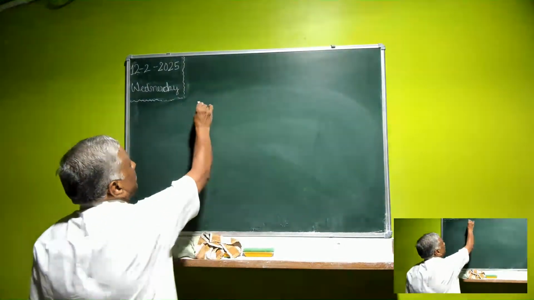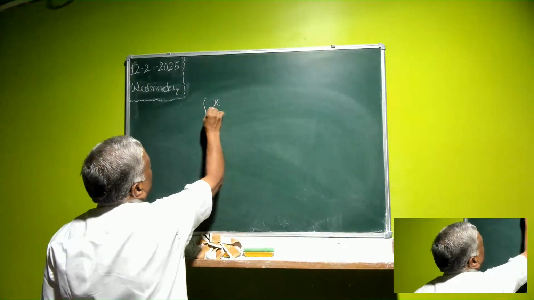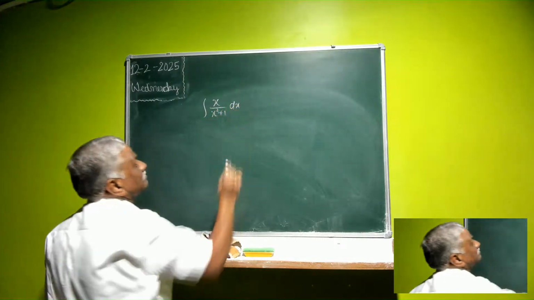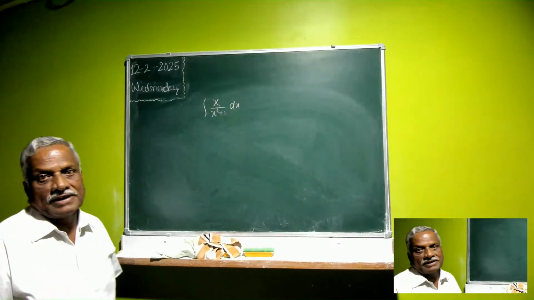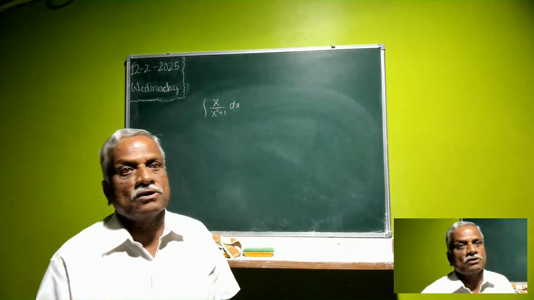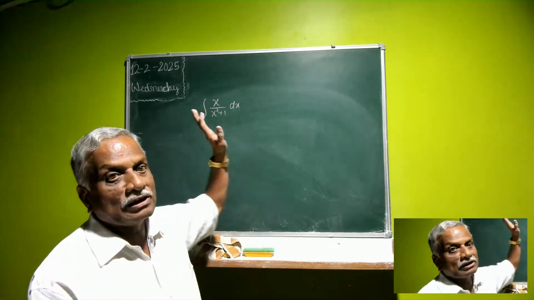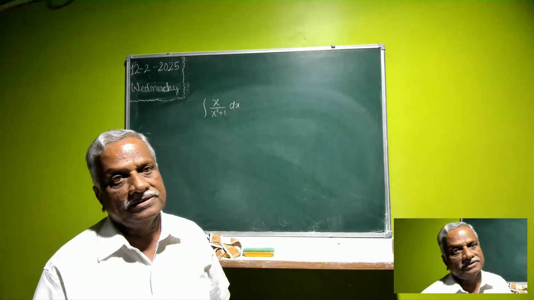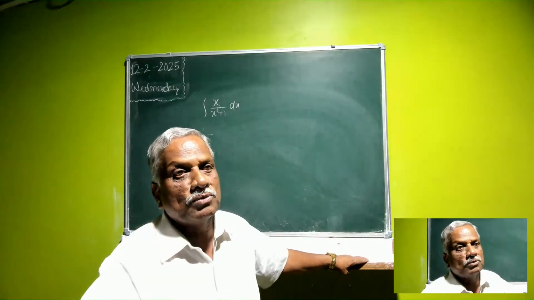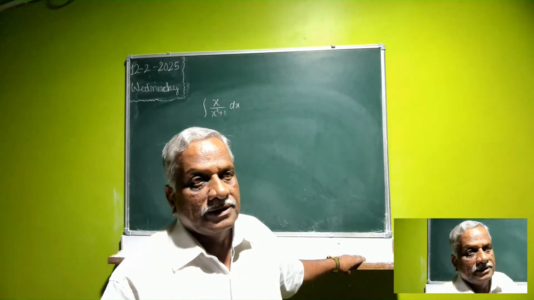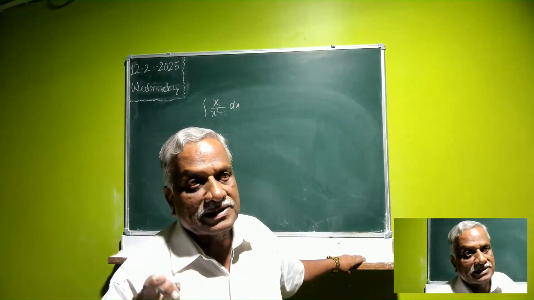Let us say you are given x over x square plus 1. This is the problem given. Whenever a function has both numerator and denominator, usually you take the denominator as t. Repeat: the function has both numerator and denominator, both are functions. Invariably we choose the denominator as t.